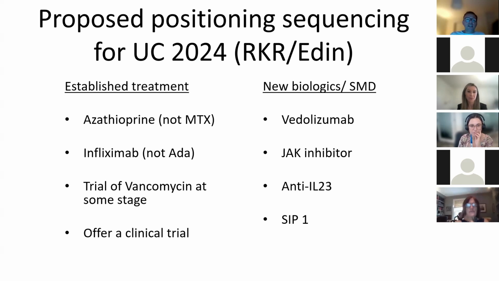So for UC, we would always use azathioprine, not methotrexate. I'm sure that will be very controversial for you. I think there is good evidence that infliximab is better in a colitis situation than adalimumab, and the new guidelines are going to say that for sure.